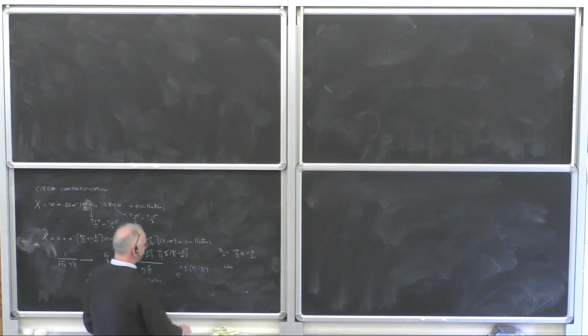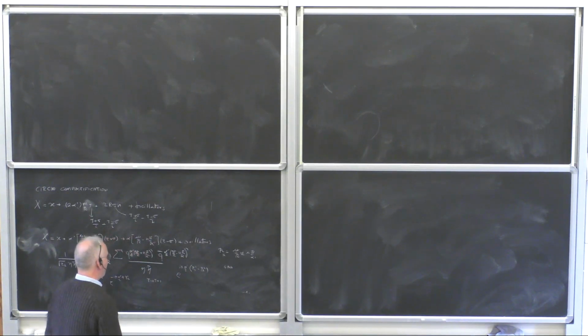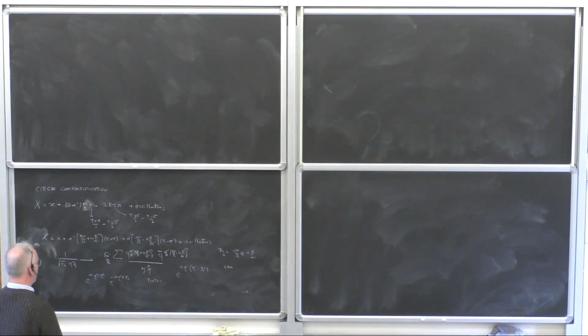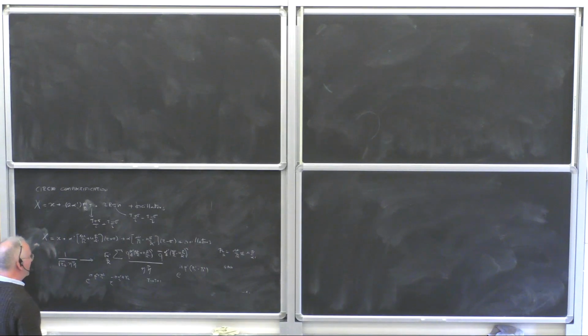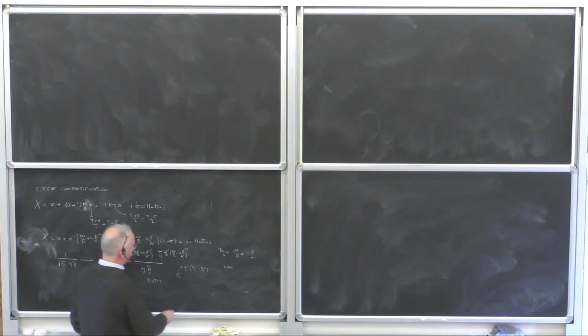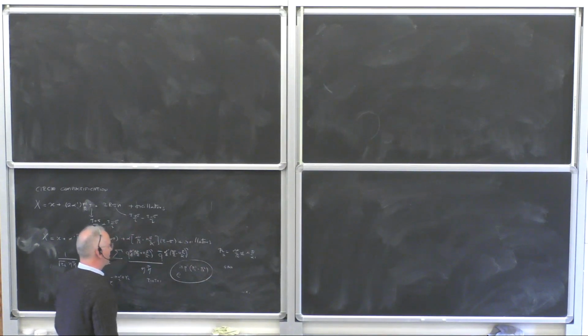And therefore, this quantity here, when I multiply by alpha prime, is invariant under tau goes to tau plus 1 if this expression here goes to 1.